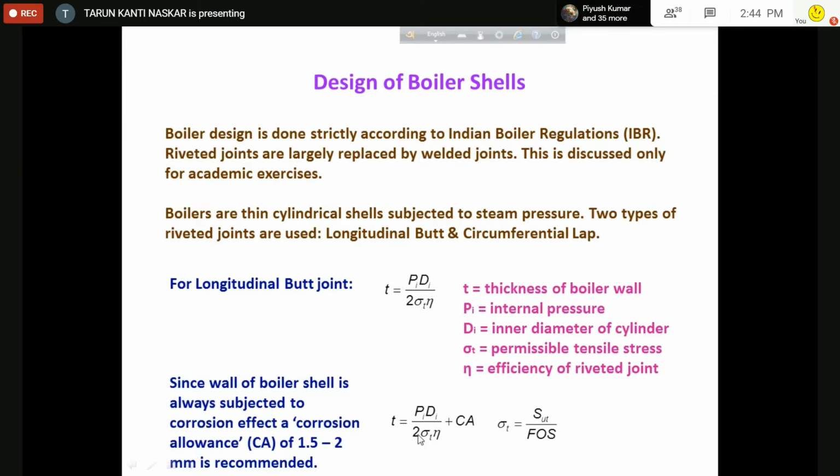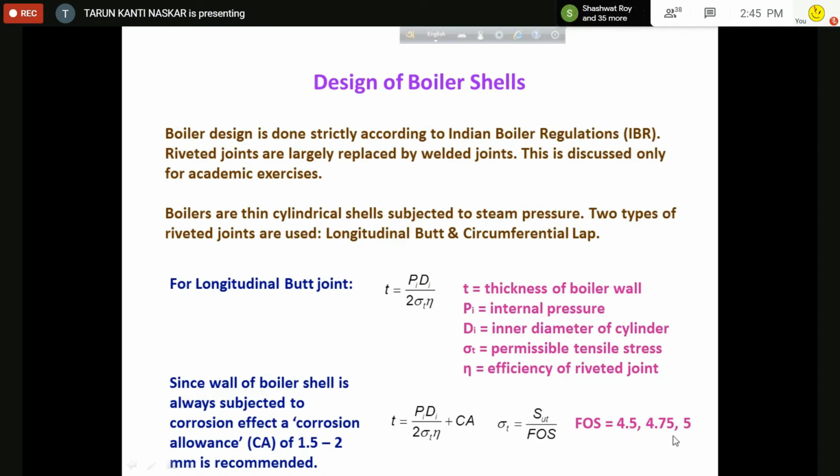Now this sigma T is obviously equal to SUT divided by FOS, and the value of FOS is taken as 4.5, 4.75 or 5. That means a high value of FOS is taken, and the reason will be very clear to you. Failure will lead to so much damage, and also there is damage of life.